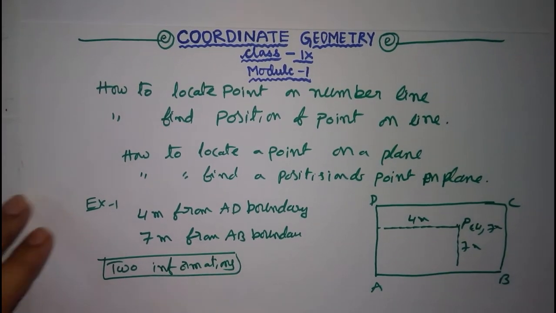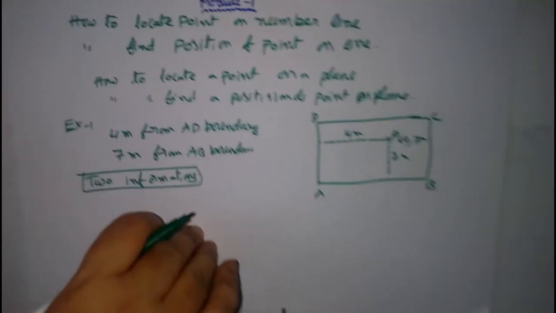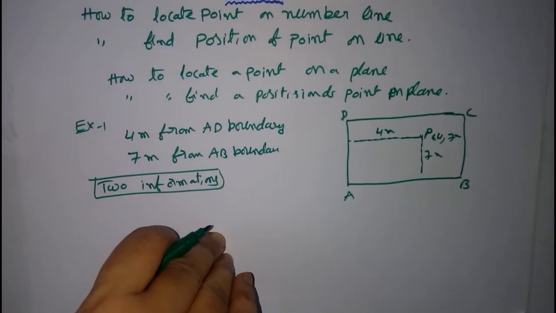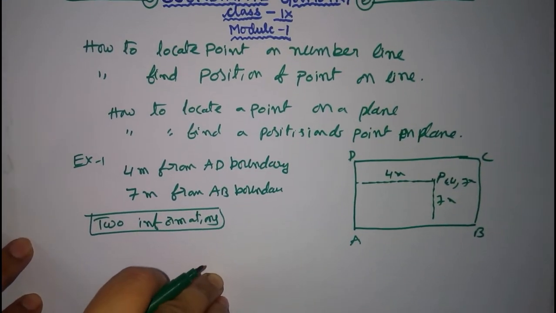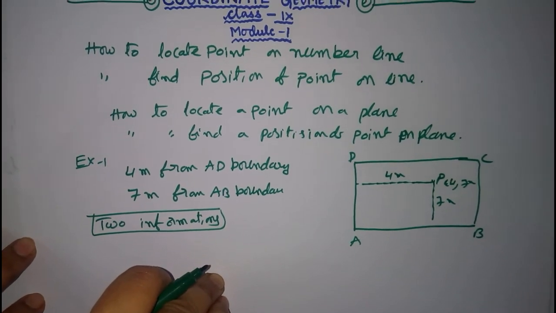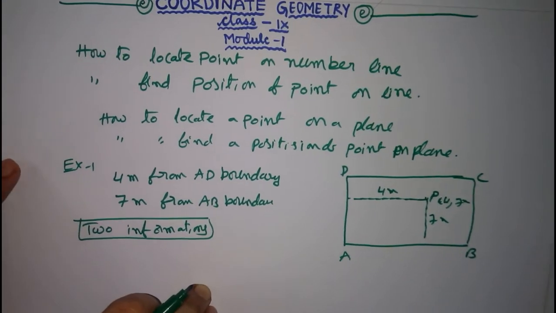Now consider one more example. In a city, there is a main road running in the east to west direction.